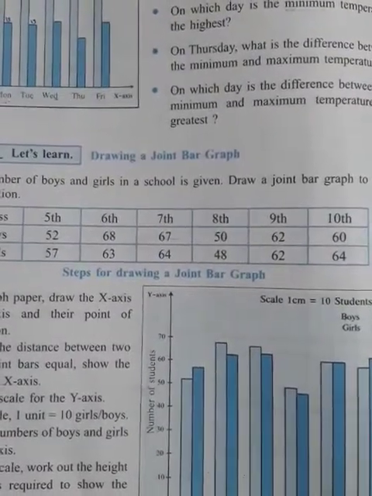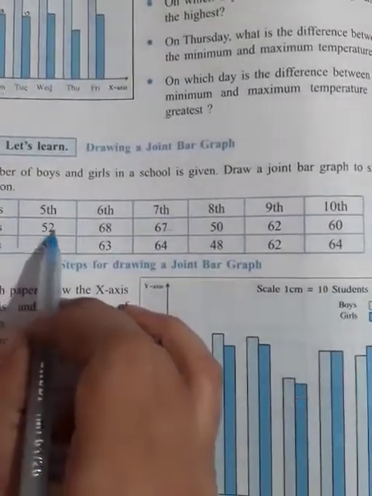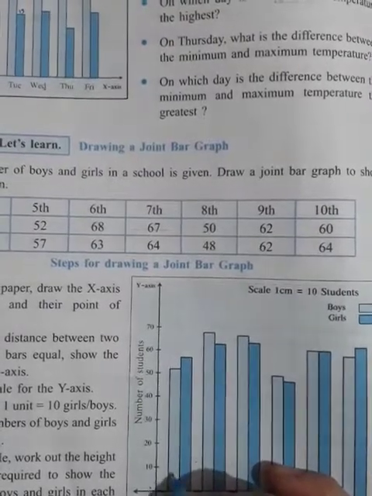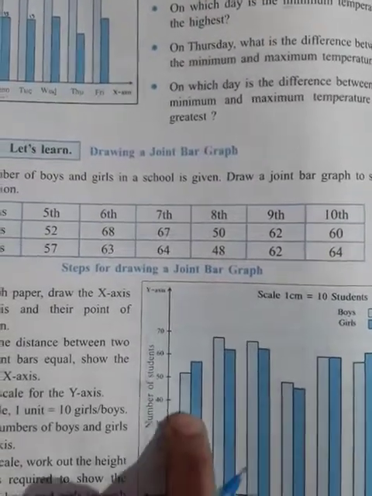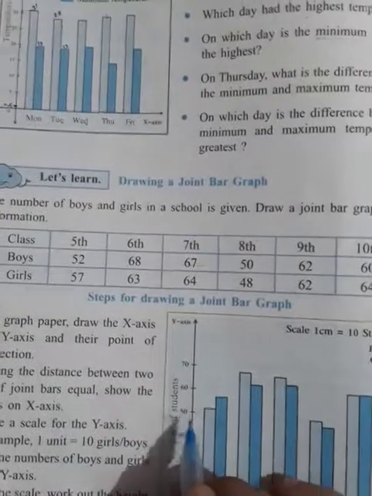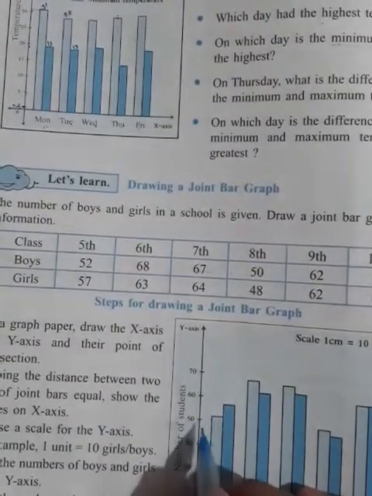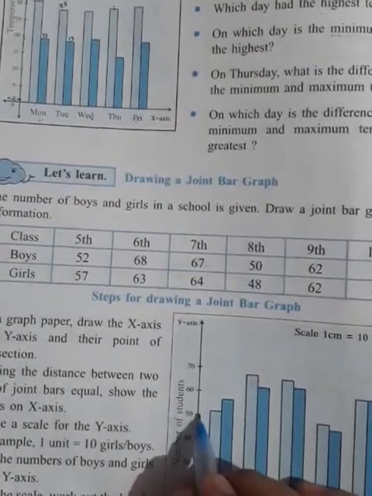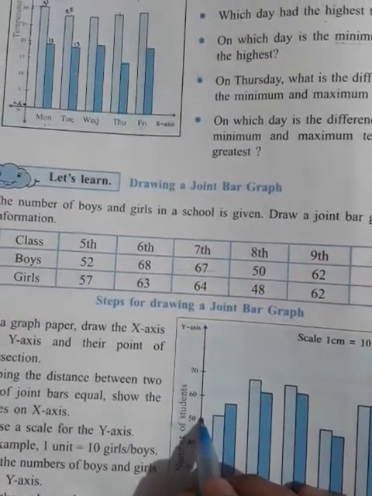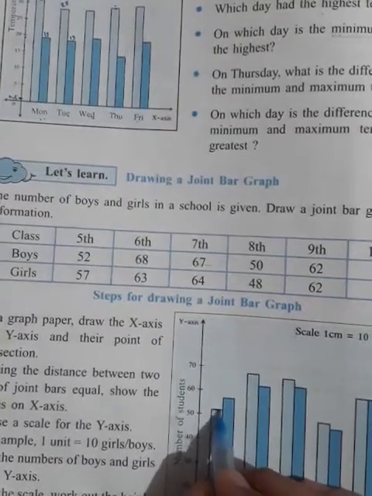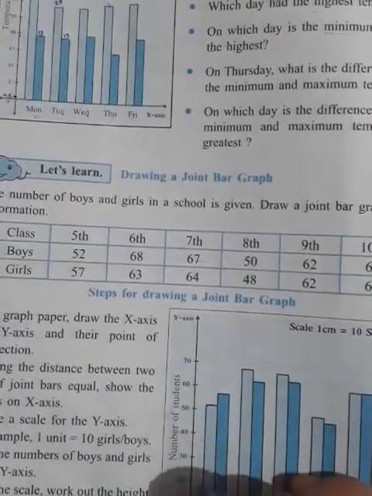For fifth, how many boys are there? 52. So draw a bar of length 52. Here there is 50, and each line is 1, so 51, 52. After 50 we have to measure two lines, 1 2, and take that length.